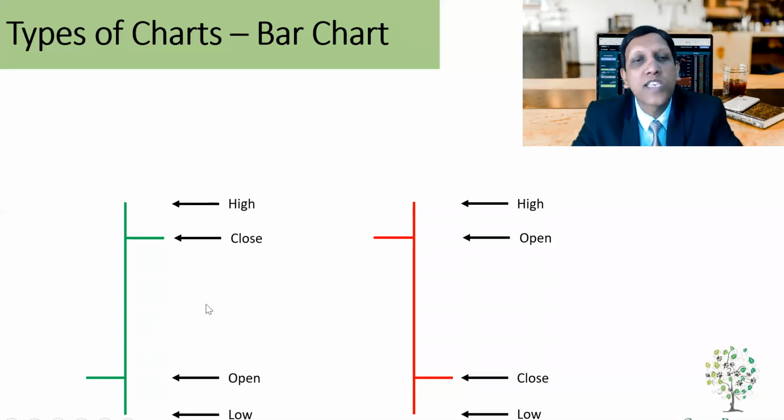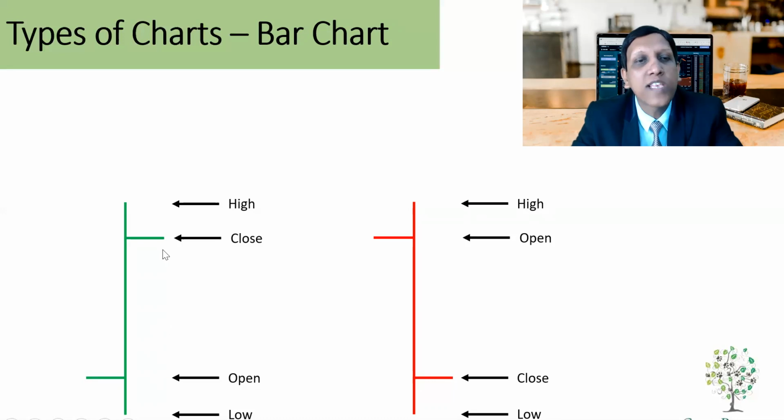As you can see here, it is marked here. Now there are two types of bar chart you will see: one is a green bar and another is a red bar. A green bar is when your opening is low and closing is high, and a red bar is when your opening is high and closing is low.